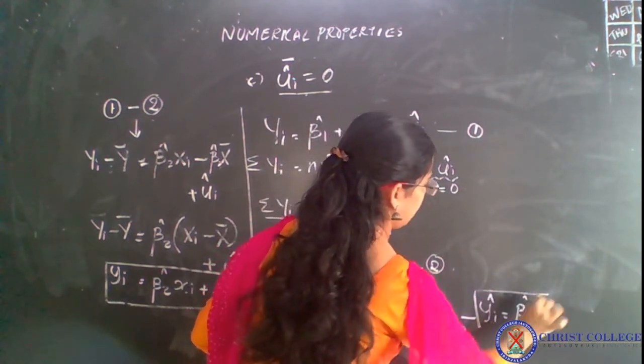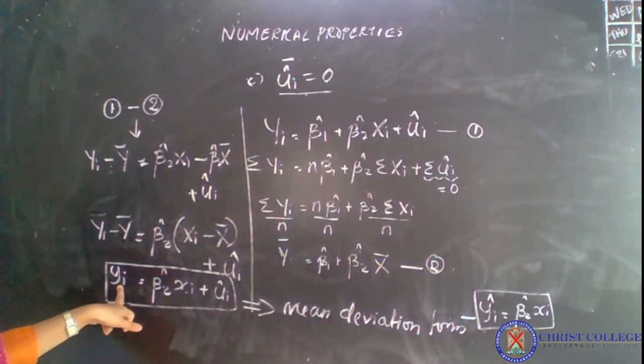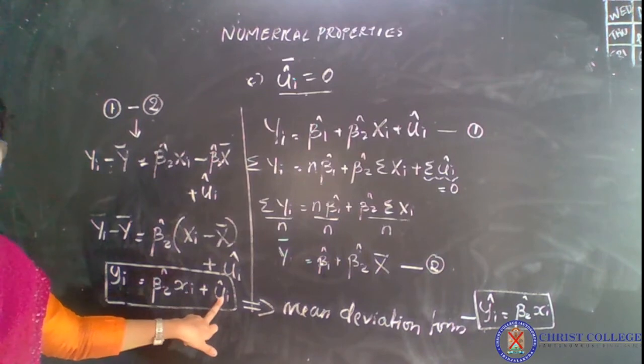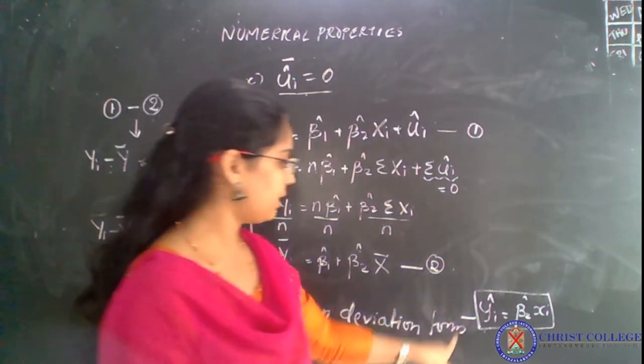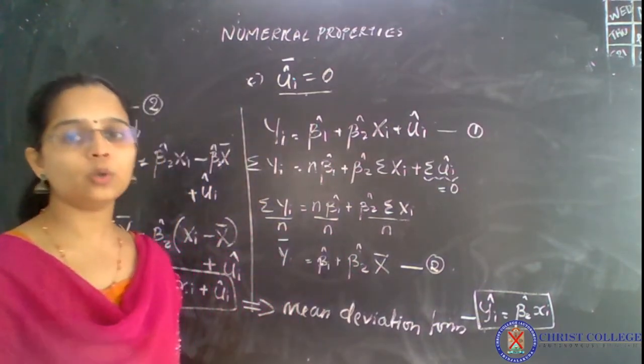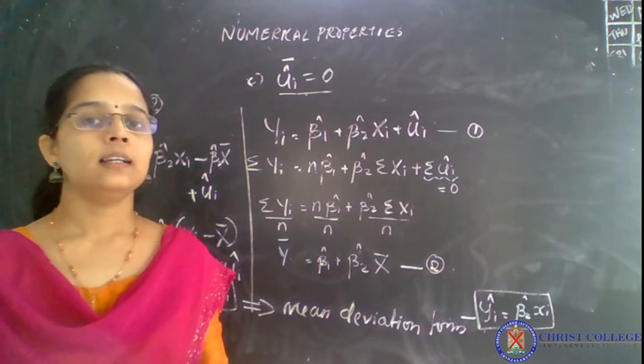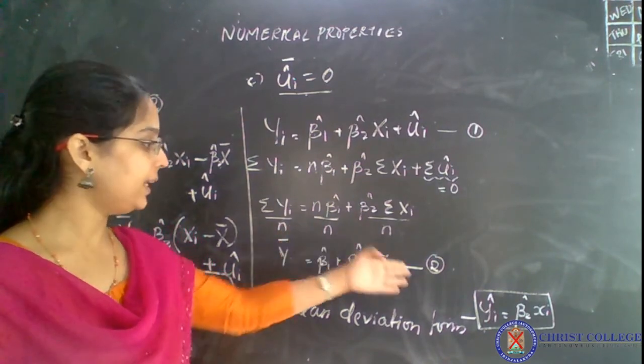This is the SRF in mean deviation form. Here, actual y value is equal to beta 2 hat xi plus error term. And coming to the sample regression function, SRF in mean deviation form, yi hat is equal to beta 2 hat xi. So this is the sample regression function in mean deviation form.